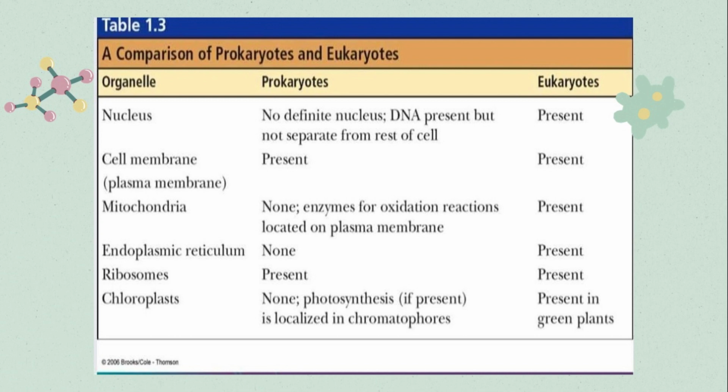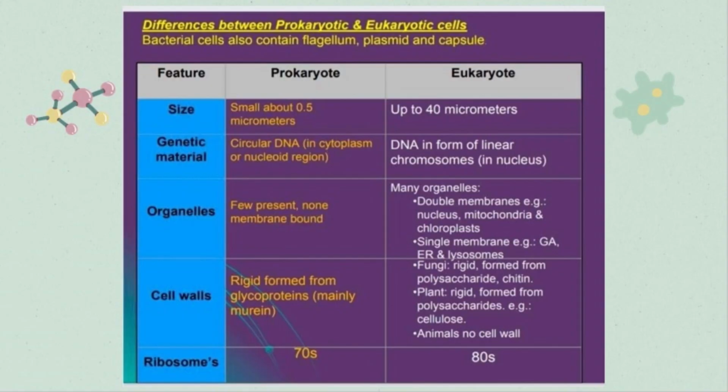In ribosomes, both cells have ribosomes present. And lastly, in the chloroplast, in prokaryotes, there is none. Photosynthesis is localized in chromatophores, while in the eukaryotes it is present in green plants. In the second picture, we can see the size, genetic material, organelles, cell walls, and ribosomes.